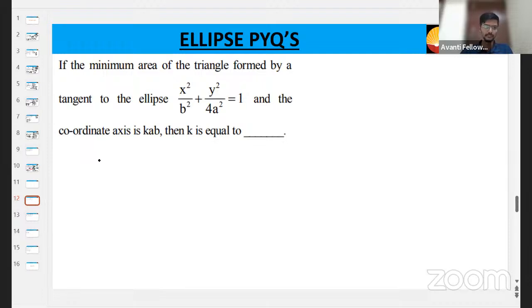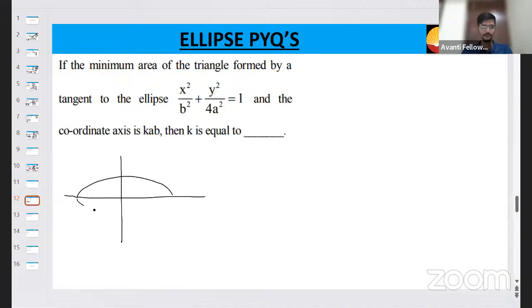Okay, let us see what it is trying to say. So this is the ellipse, let's say. This is the tangent to the ellipse. Yeah, so let's say this is OAB.